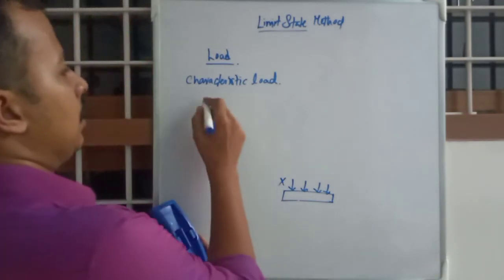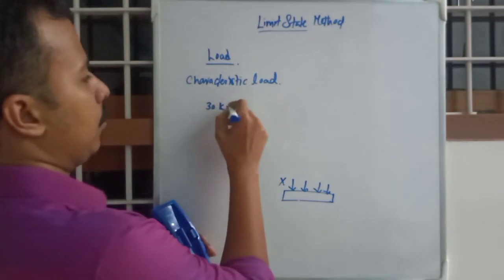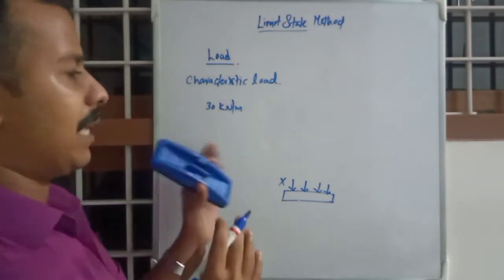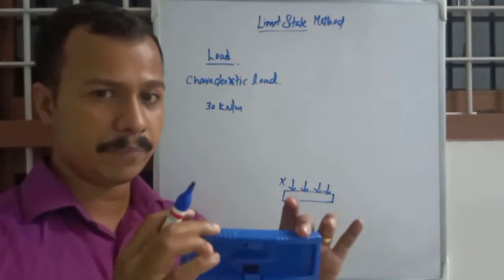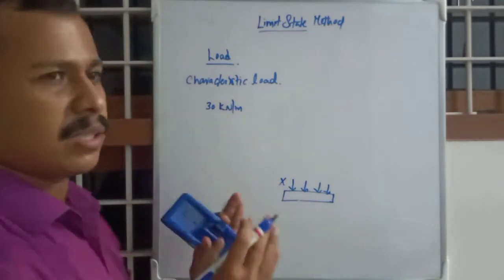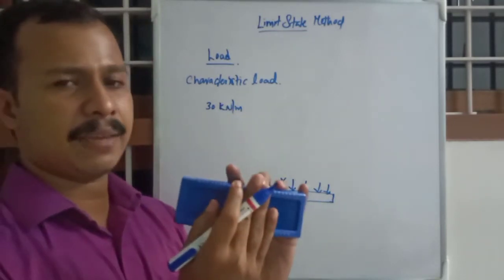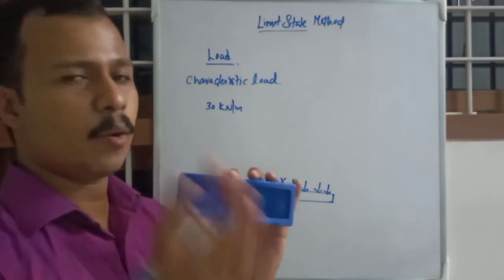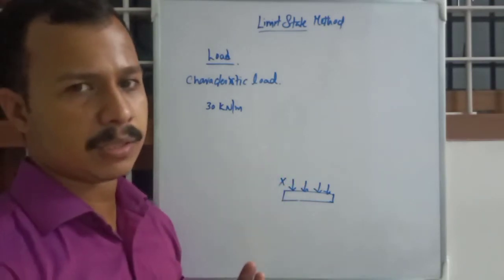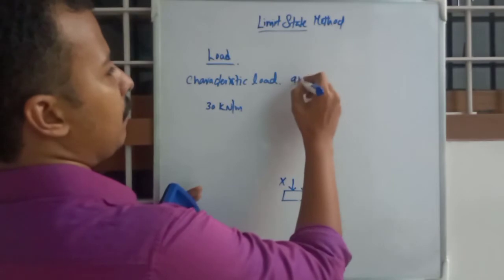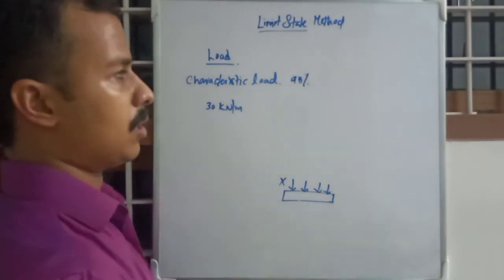Suppose 30 kilonewton per meter is the characteristic load considered for this beam. Then for 95% of the lifetime of this beam, it will not exceed 30 kilonewton per meter. That 95% value is important.